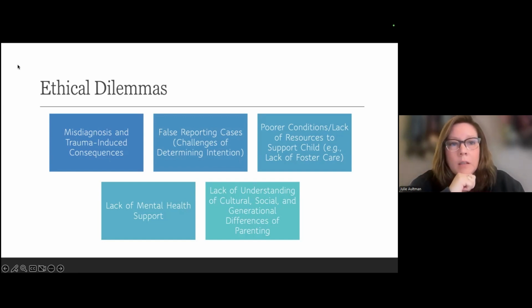There is a significant amount of lack of mental health support. Oftentimes, that support is right up at the front of the process of detecting, diagnosing child abuse and neglect, but it's throughout the whole continuum. And so that's where having access to counseling services, support services, is so critical.